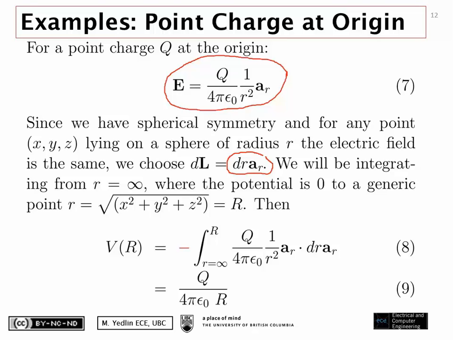How much work do we have to do? Well, here it is again. Here's your F per charge, your electric field, and here is your line element. We're bringing a unit test charge in, so the force per charge is just the source charge Q. We do the dot product. That's 1.